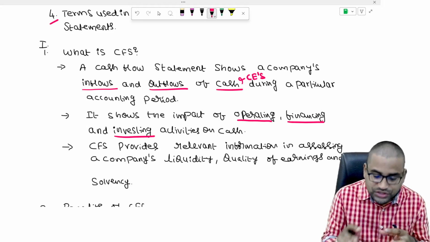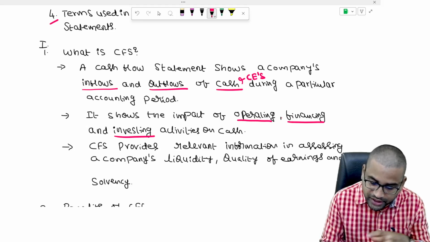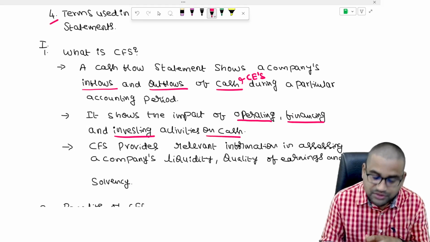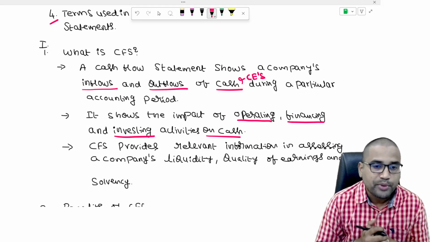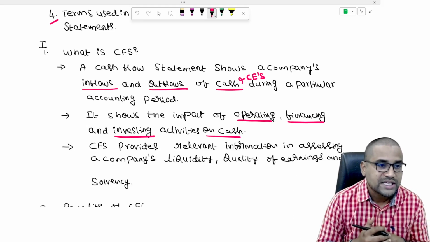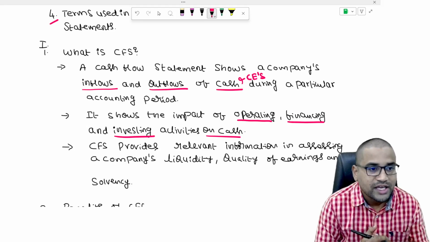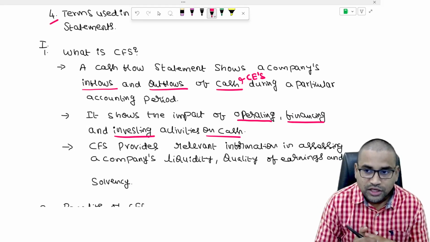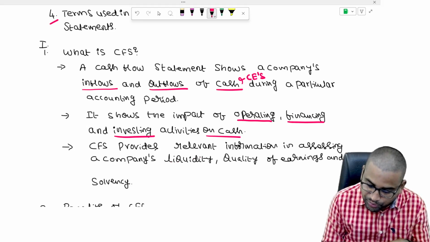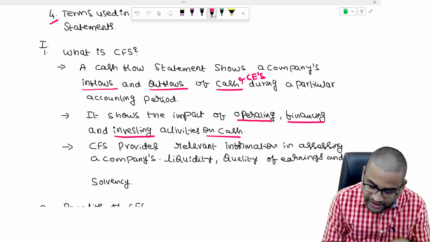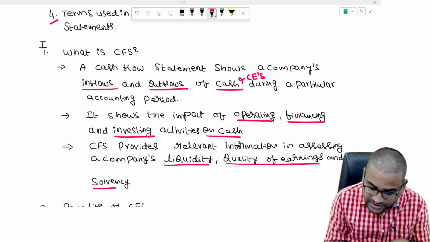This cash flow statement shows the impact of operating, financing and investing activities on cash. What will be the impact of operating activities, financing activities, and investing activities on cash? Basically, the cash flow statement provides relevant information in assessing the company's liquidity, quality of earnings, and solvency.